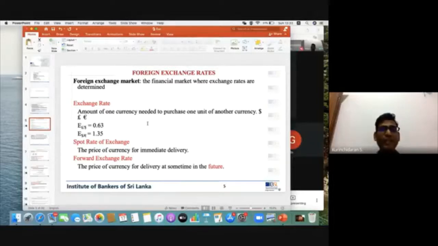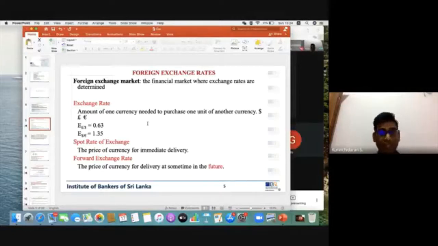So you don't need the currency immediately, but you need the foreign currency at the end of the month. Now you can do two things. You can buy today itself and keep it, or you can buy at the end of the month. If you buy today, the advantage is you know the current rate, right? You can buy and keep it.